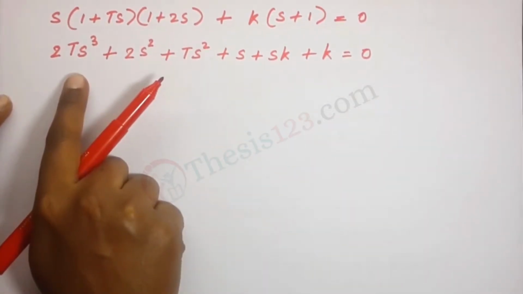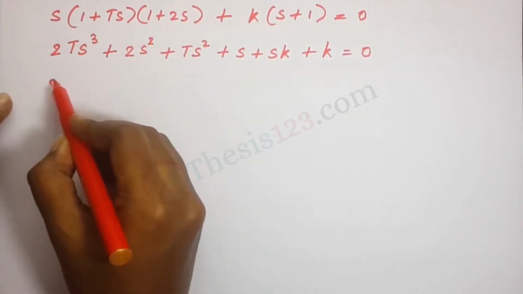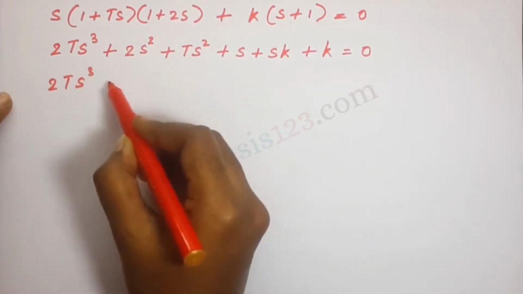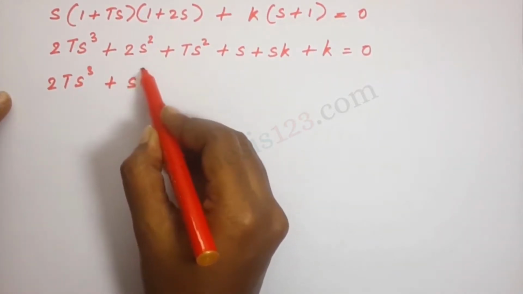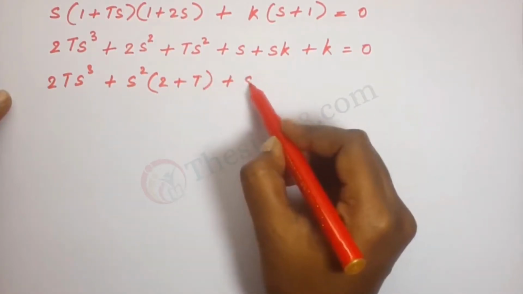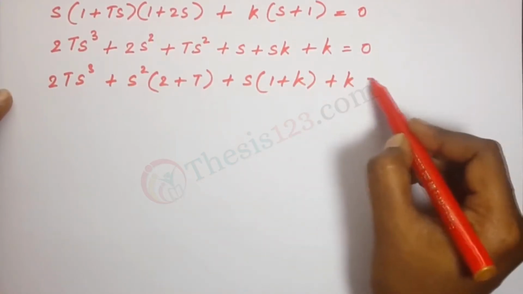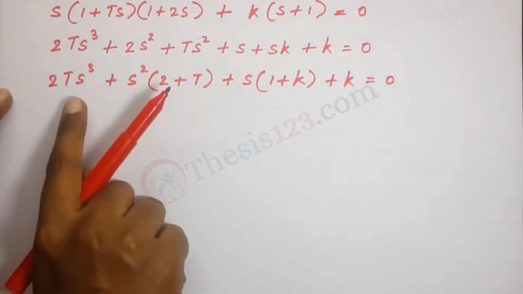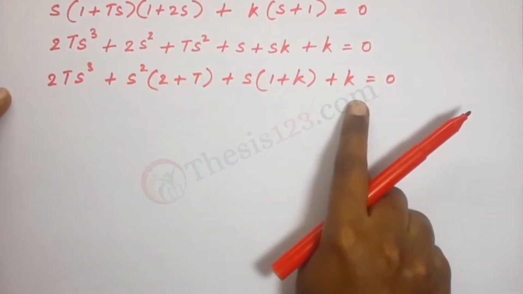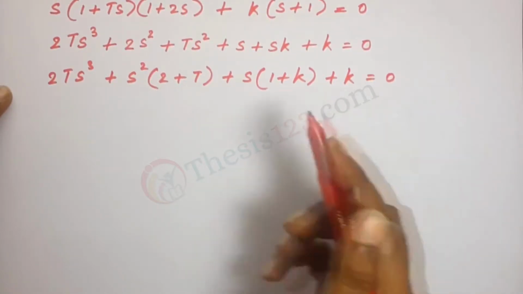Now let's take the terms s common. So we have here 2ts cube plus, taking s square common, we get 2 plus t, plus s common 1 plus k, is equal to 0. So now that we have it in terms of s, let's use Routh's criteria in order to find out the stability condition.